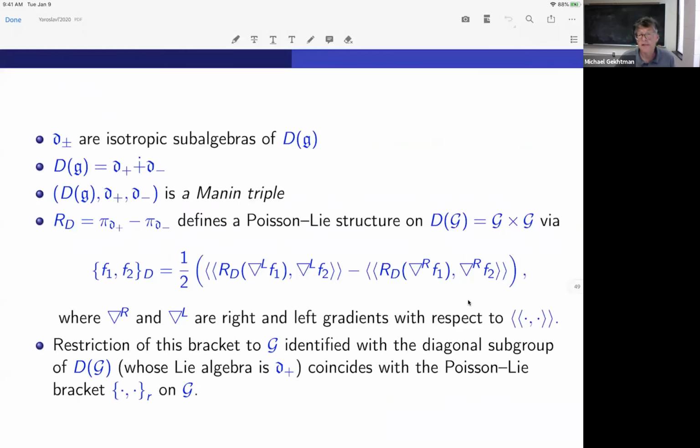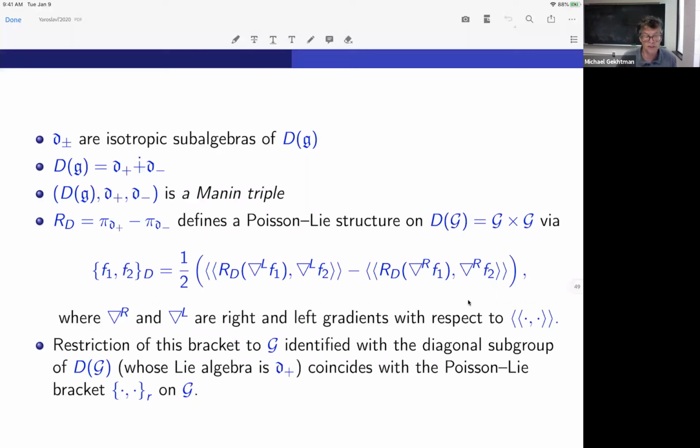Okay. So clarify what is the left and the right gradient. Right. F is a function on the group, or in this case, a function on the double.